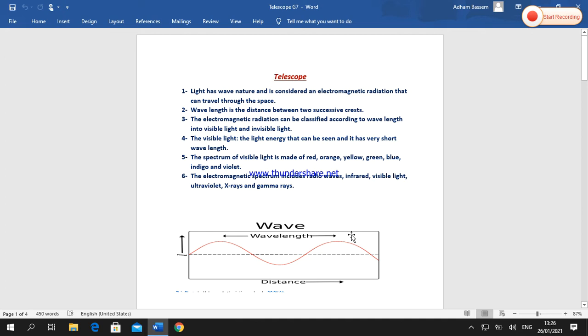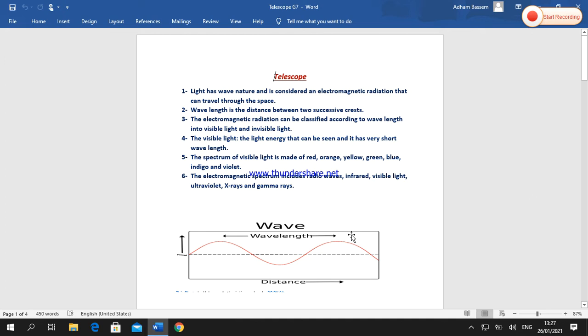So, we classified electromagnetic radiation into visible light, which our eyes can distinguish and see, and invisible light, which our eyes can't see, okay? So, visible light is known as the light energy that can be seen.